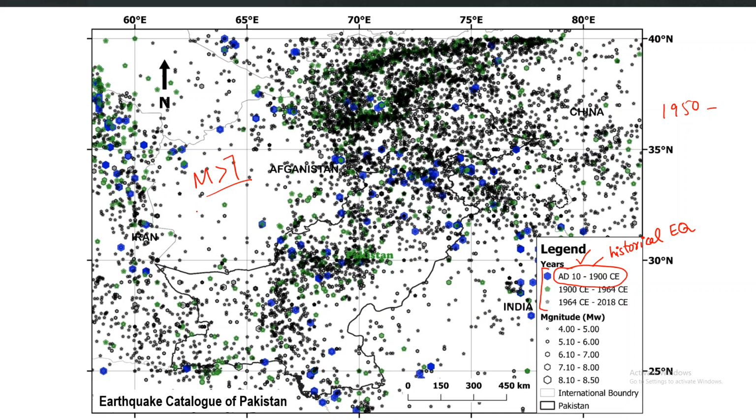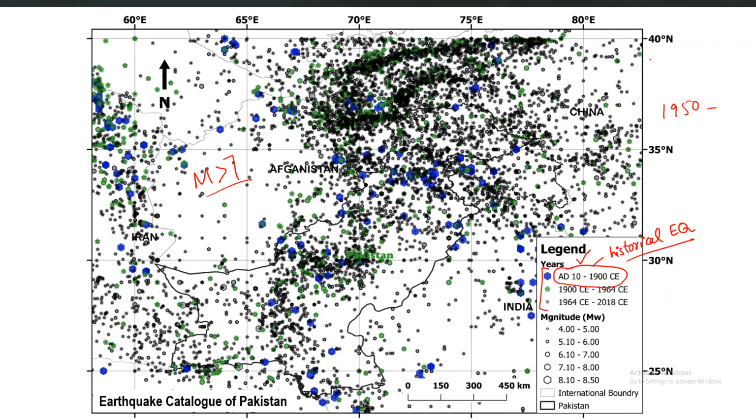The information on minor or moderate earthquakes is not available in historical records. Therefore, all the historical earthquakes have a large magnitude. But for instrumental data, you may have large as well as small earthquakes, because the instruments may be able to record low or moderate earthquakes as well.